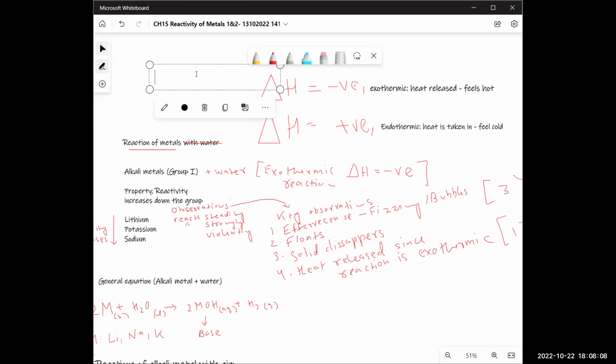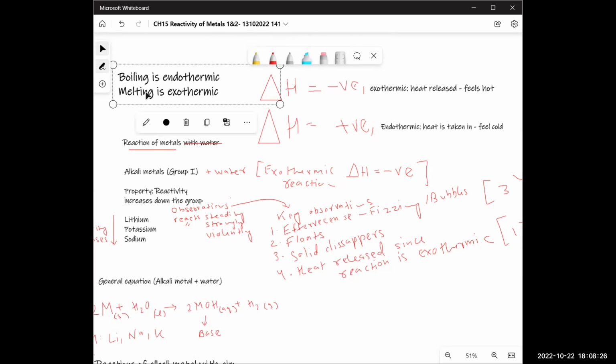So boiling is endothermic, and melting is exothermic. No, it's the opposite. Condensation is exothermic.